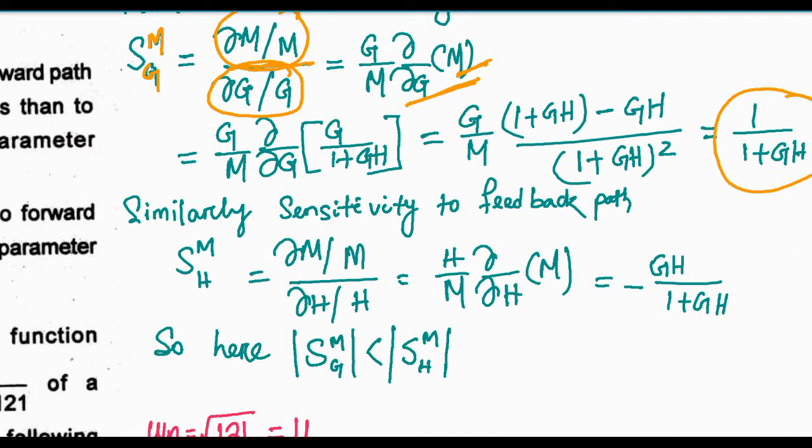Similarly, what will be the sensitivity to the feedback path? This will be del M by M by del H by H, which is H by M into del M by del H. If we put the value of M and differentiate, we get minus GH by 1 plus GH.